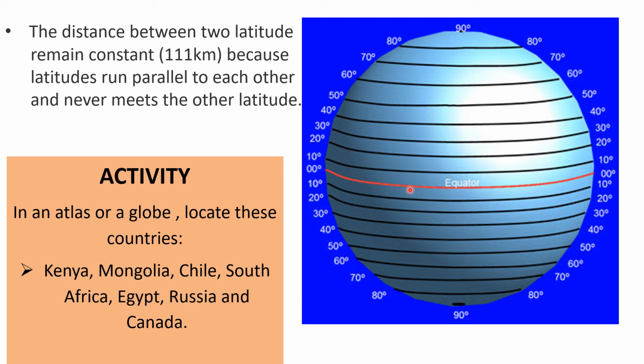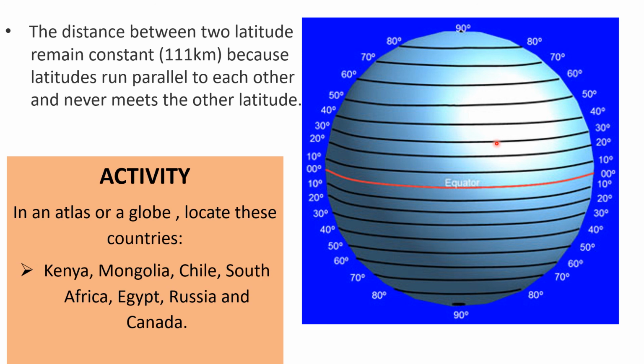Likewise, from the equator, 1, 2, 3, up to 90 latitudes in the southern hemisphere. The distance between two latitudes remains constant from the equator to the poles, because latitudes run parallel to each other and never meet the other latitude.